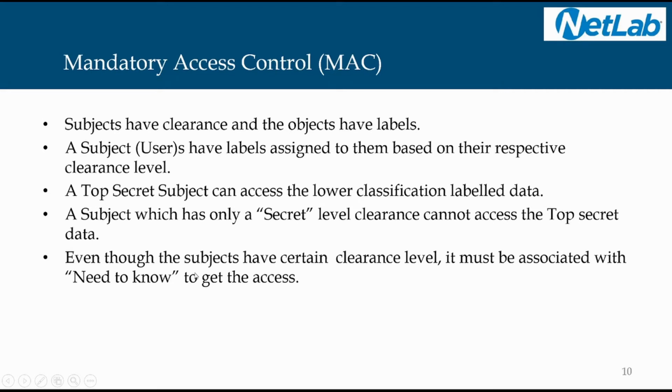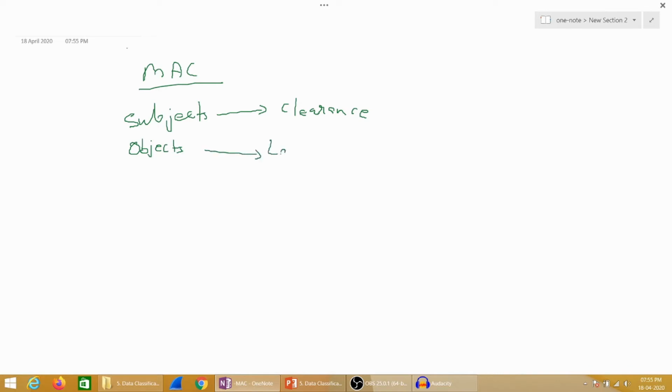Even though the subjects have certain clearance levels, it must be associated with need to know to get the access. Let's understand this in detail. Mandatory access control. Subjects have clearance and objects have labels. Suppose a subject has top secret clearance, it can access top secret, it can access secret, and it can access confidential data also.